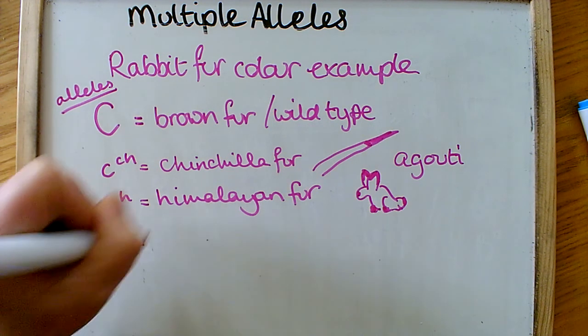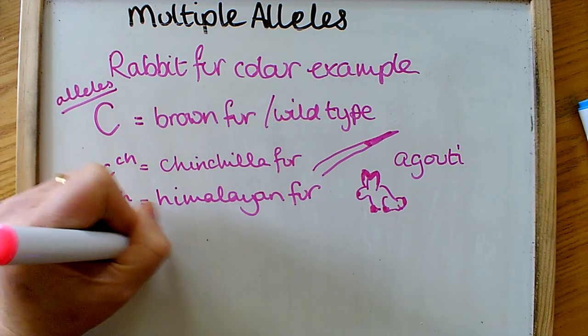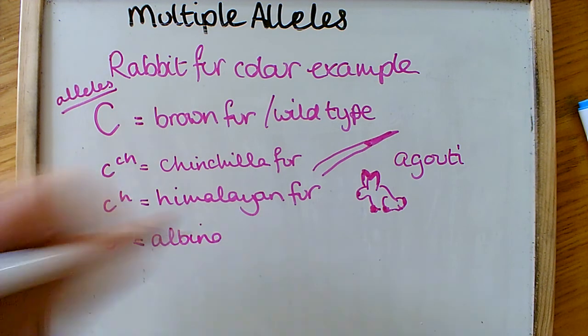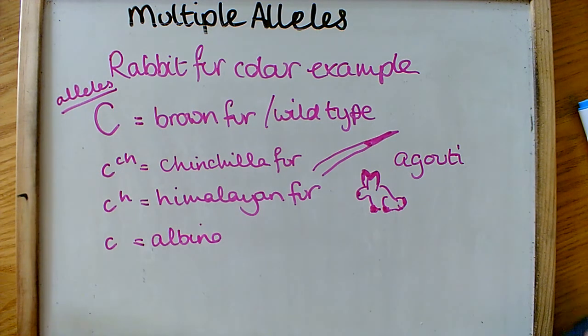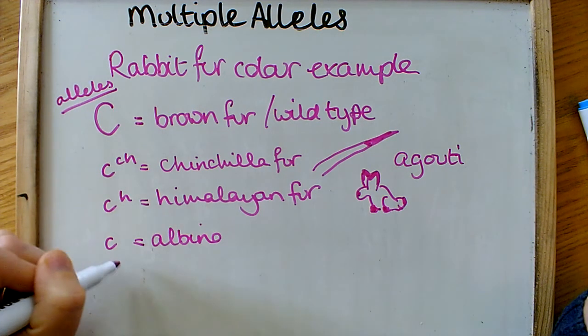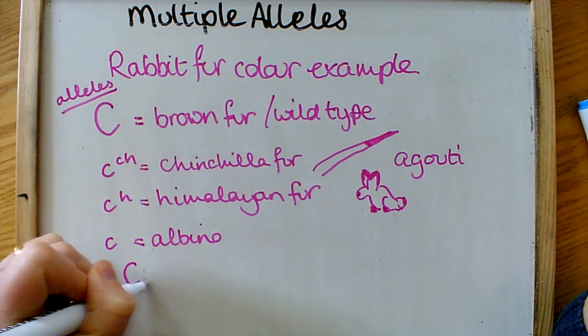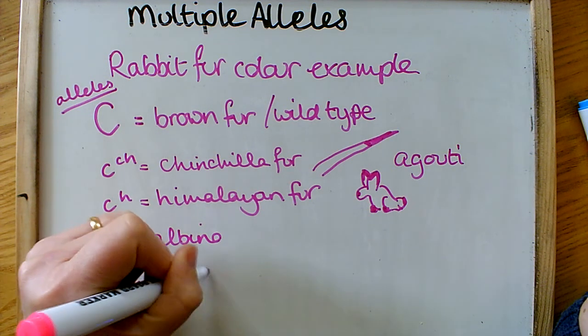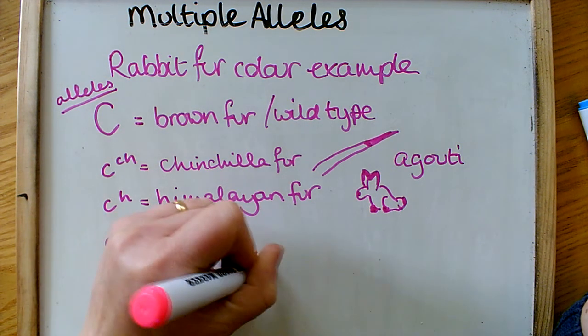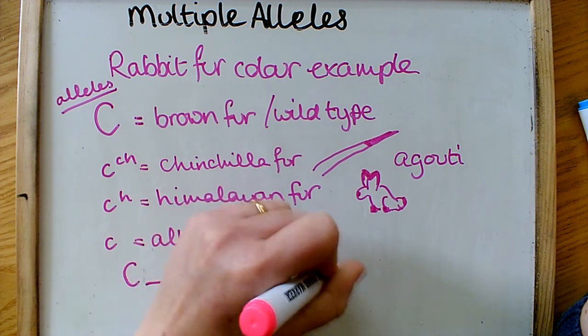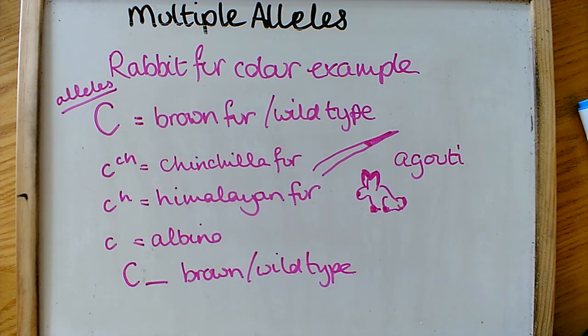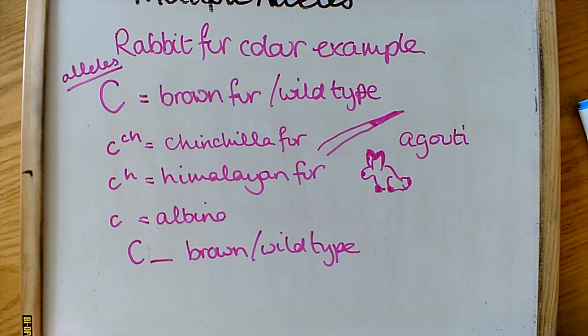And then this one is the most recessive of all. This is albino. Okay, and it's going to be white all over. So if you think about the combinations you could get, if you had a big C with anything else, it's going to be brown. Yeah, it's going to be wild type. Whereas, let me just move this up a little bit.